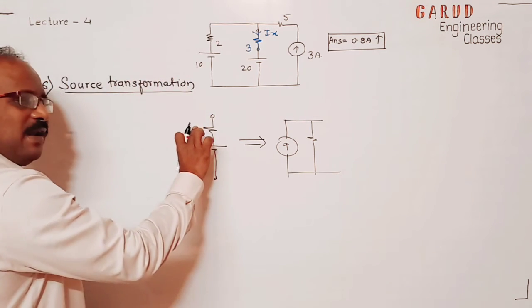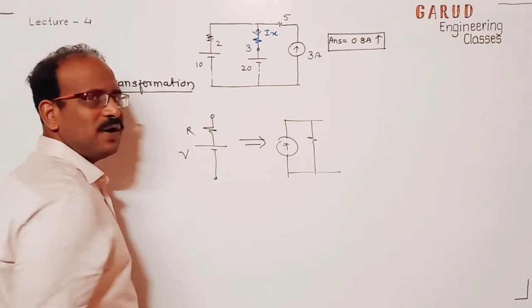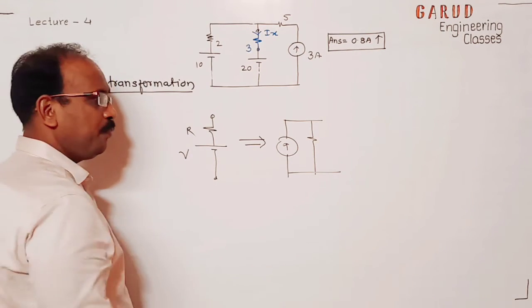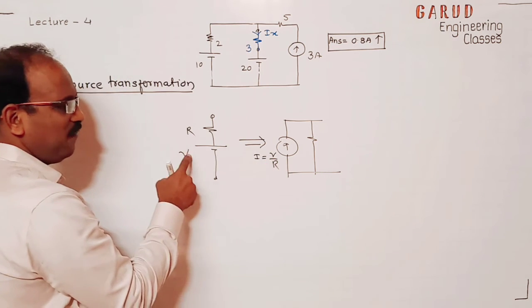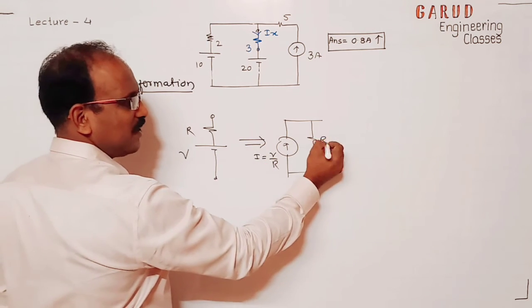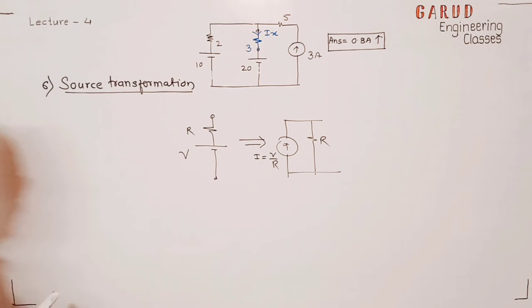So a series or Thevenin circuit is converted into a Norton circuit. How do we write this? I equals V by R, and the R remains the same.